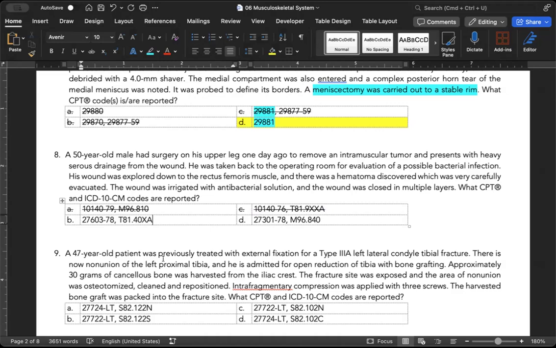27603. 27603 is an incision and drainage, leg or ankle, of a deep abscess or hematoma. And then 27301 is an incision and drainage of a deep abscess, bursa, or hematoma of the thigh or knee region.